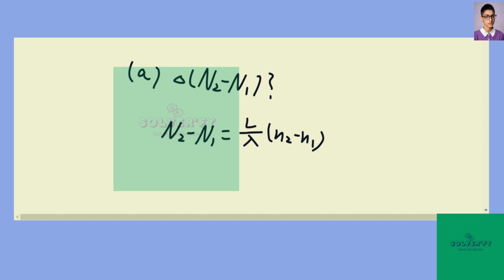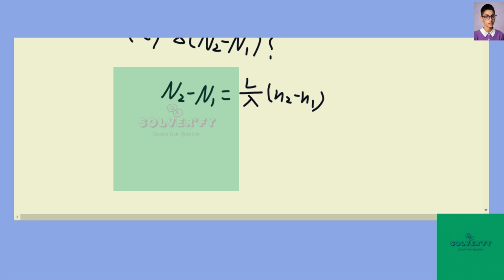So the phase difference between the two waves after traveling through a length of medium L2 can be given as capital N2 minus N1 equal to L2 over lambda times lowercase n2 minus n1, okay?